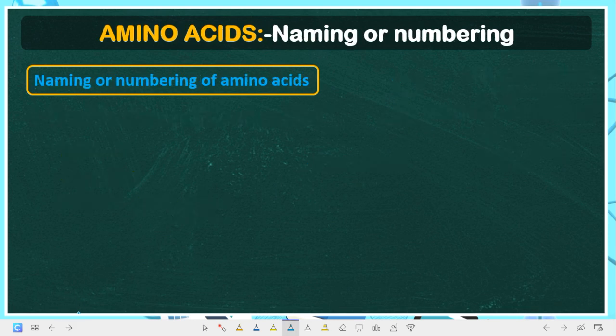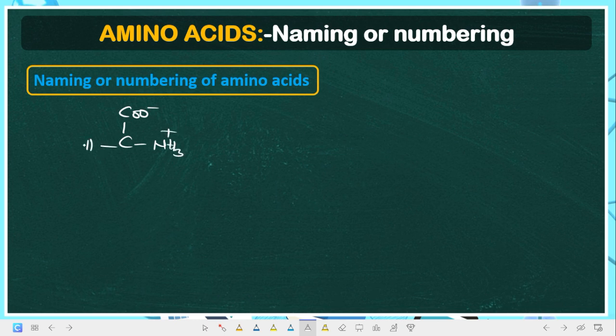So let us go to the numbering of the amino acid. Now let us use lysine to number the amino acid. If this is COO minus, then we have C, and here is NH3 positive.